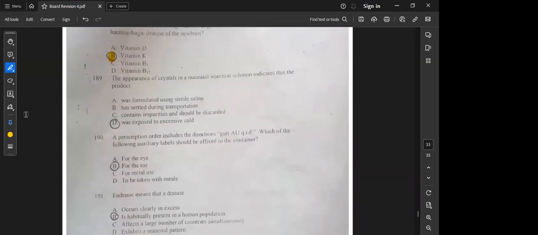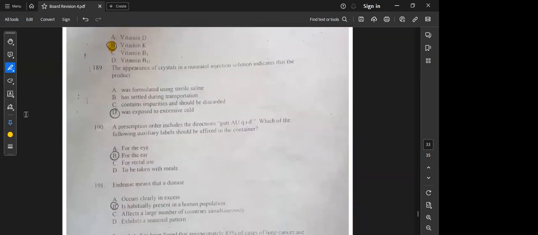The next question. The appearance of crystals in mannitol injection solution indicates that the product was formulated using sterile saline, has settled during transportation, contains impurities and should be discarded, or was exposed to excessive cold.